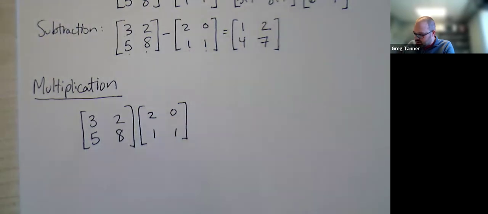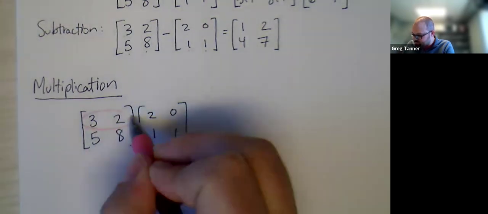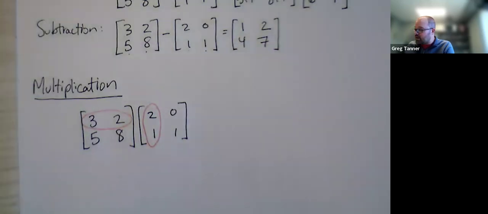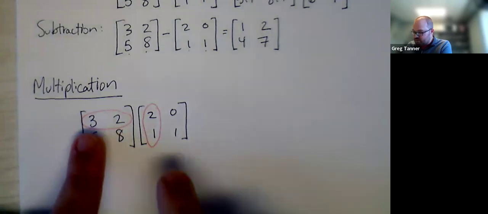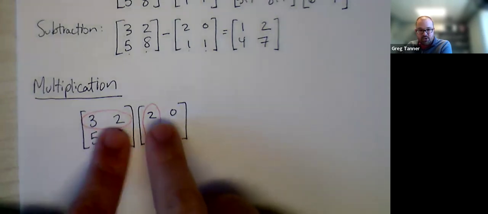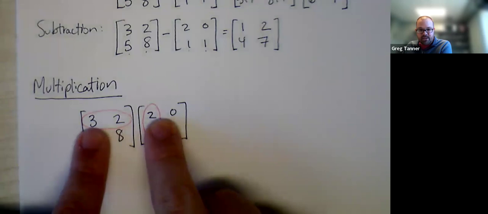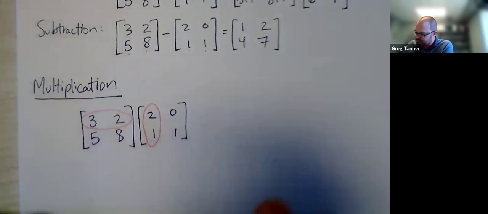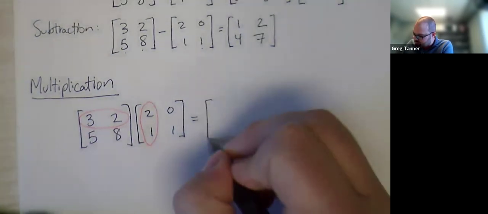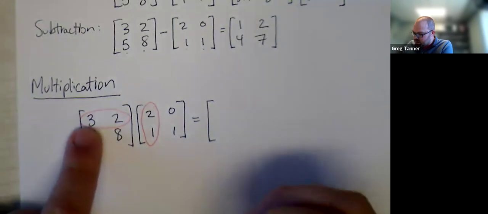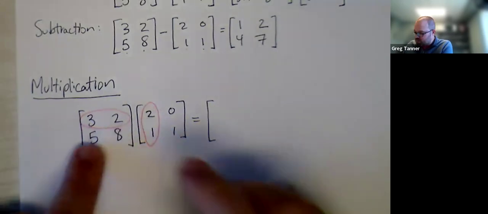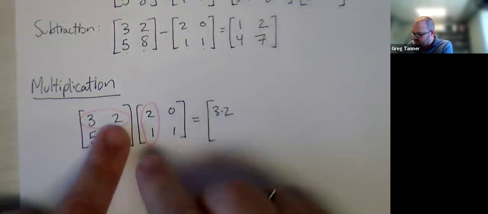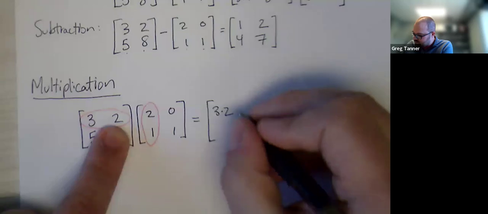Let's take this first row and multiply it by this column. What do I mean by multiplying a row by a column? I'll take the first entry in this row, multiply it by the first entry in the column, then multiply the second entry by the second entry and add them up. The output is going to go into the first cell here. So 3 times 2, and then 2 times 1.